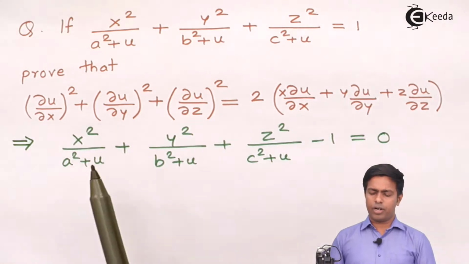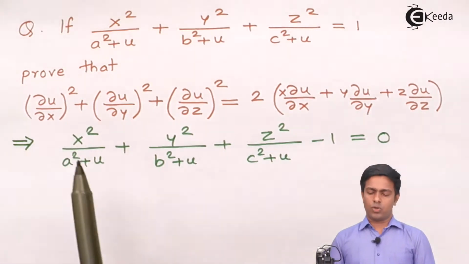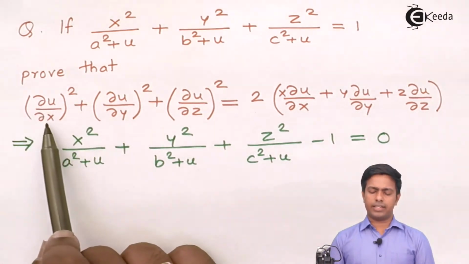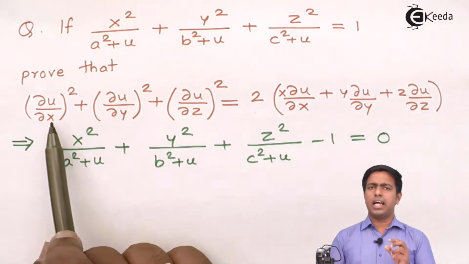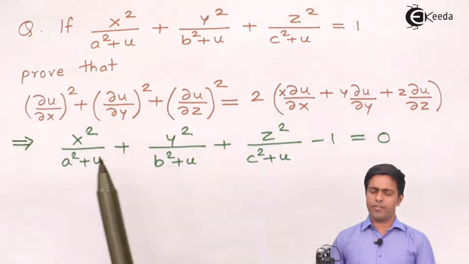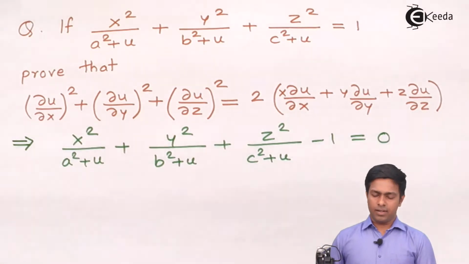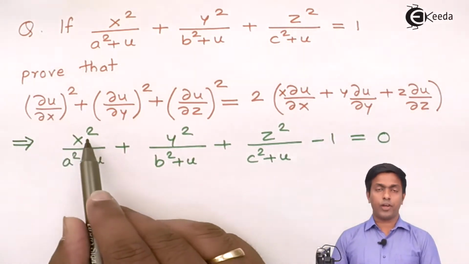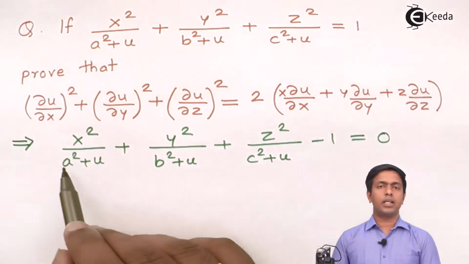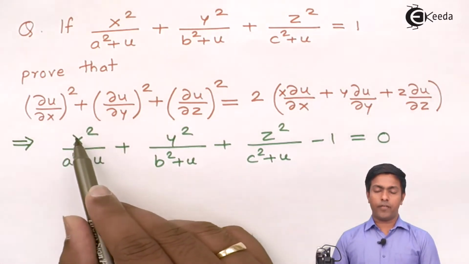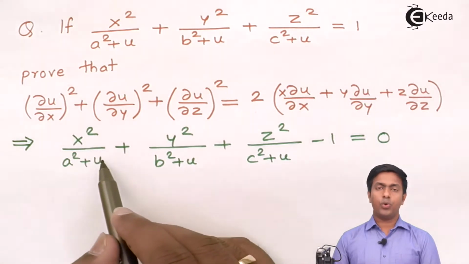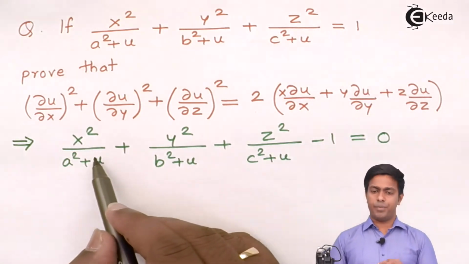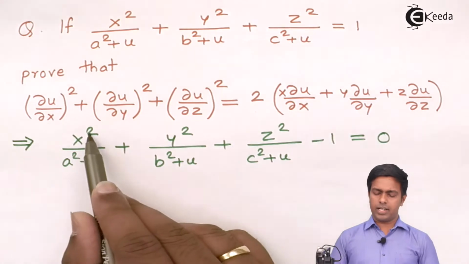So here I'm going to differentiate each and every term. So del u by del x, to get this value, I will differentiate this equation, each and every term, with respect to x. So let's start. Here, if you observe the first term, in the numerator you have x, and in the denominator you have u, which is also a function of x. It means you have x in the numerator as well as in the denominator.